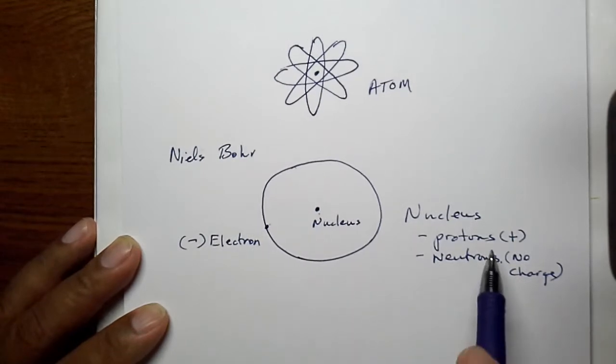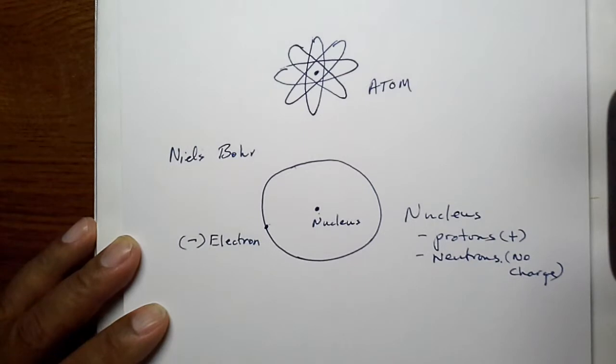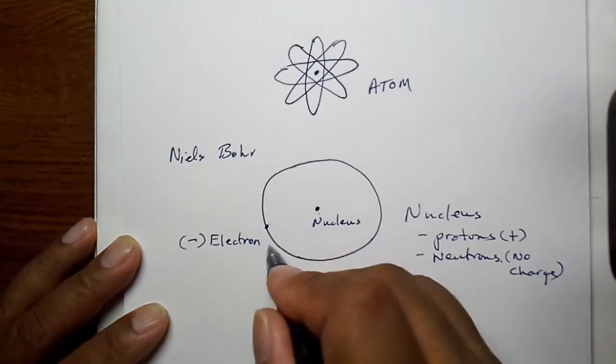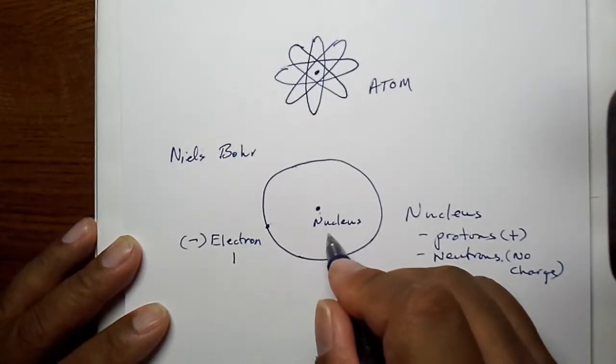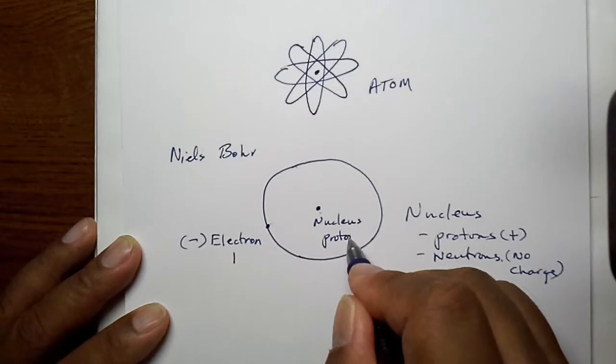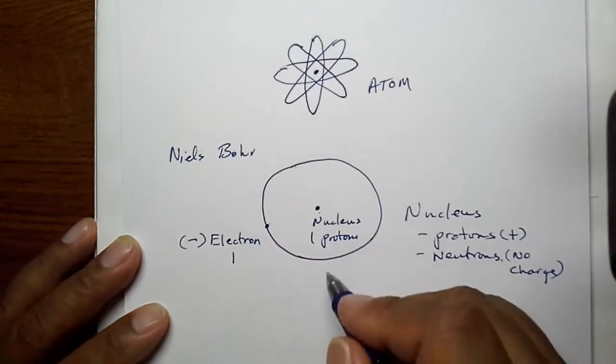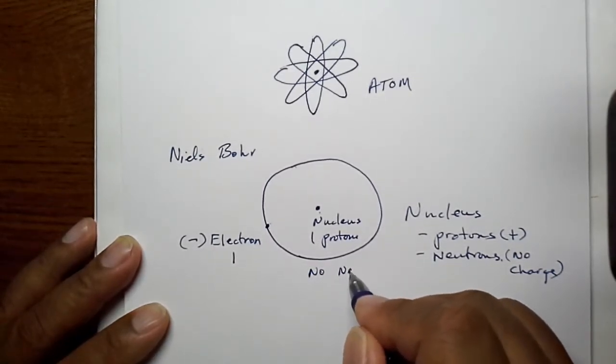I wouldn't say that they have a zero charge, because that's a charge. They actually have no charge. But in this example, this nucleus with one electron has only one proton, but no neutrons.